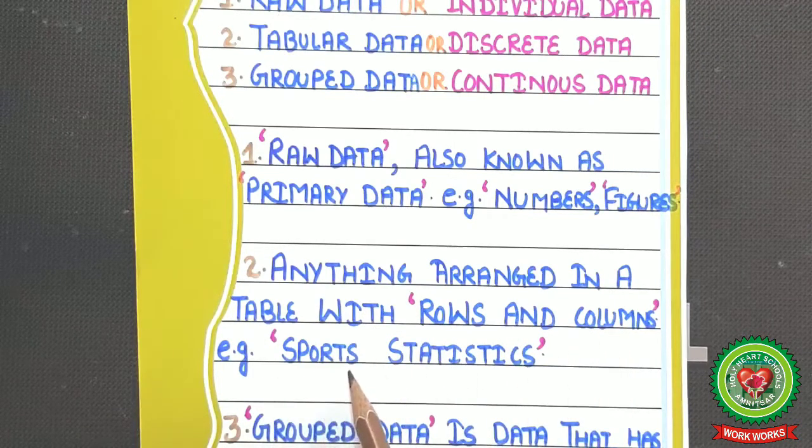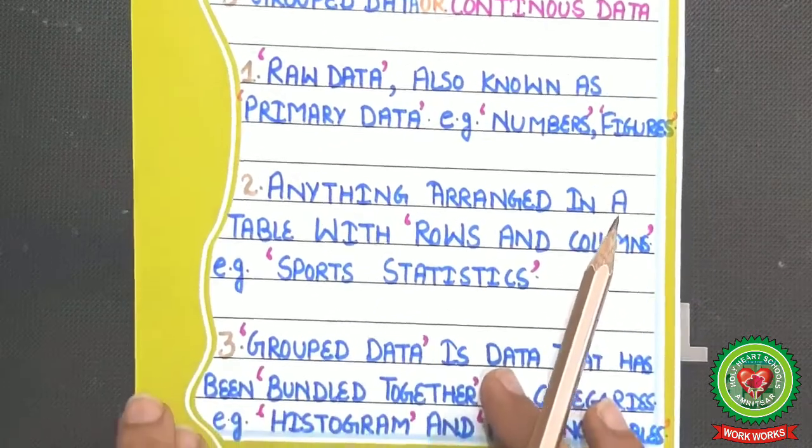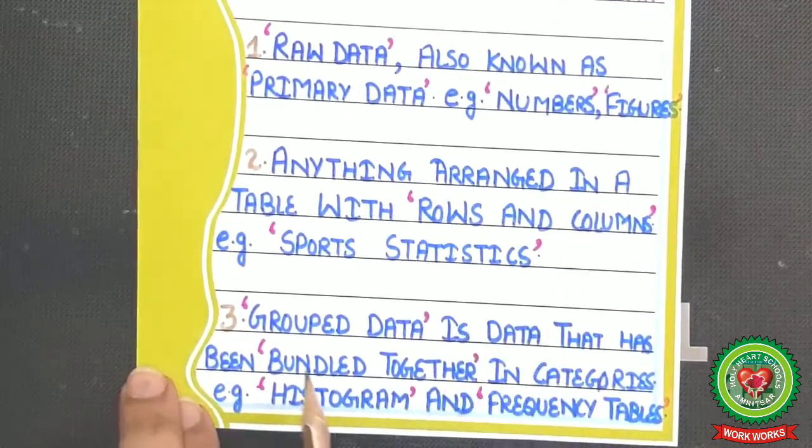For example, sports statistics. Now, what is grouped data? Grouped data is data that has been bundled together in categories. For example, histogram and frequency tables. These two things you have done in your previous classes.